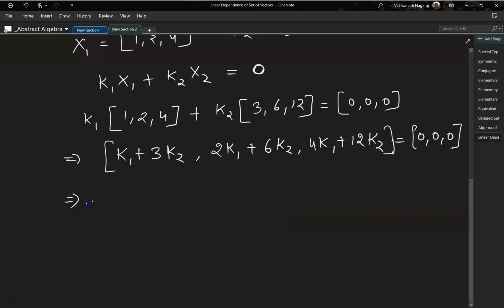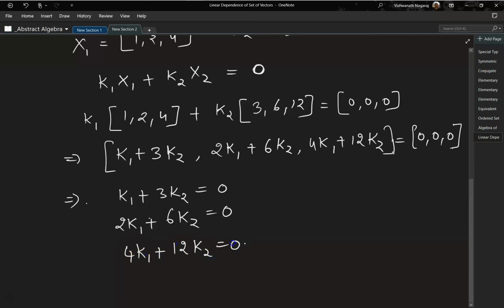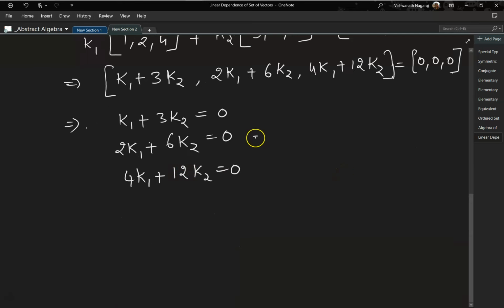And based on the equality, we can say k1 plus 3k2 is equal to 0. 2k1 plus 6k2 is equal to 0. 4k1 plus 12k2 equal to 0. Now this can be simplified as we take 2 common out, so this becomes k1 plus 3k2 equal to 0.